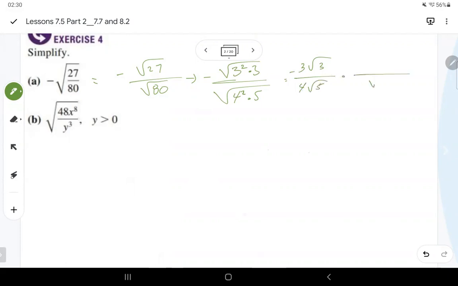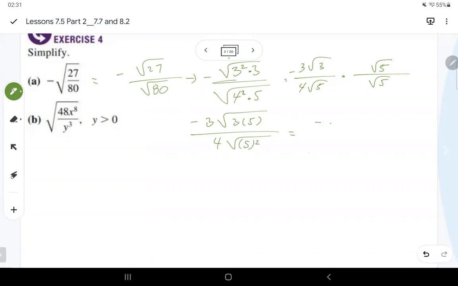We're going to multiply top and bottom by just the square root of 5, because again, that gives us that boot shape. And then we're just going to end up multiplying the bottom by the 4. So that gives us negative 3 square root of 3 times 5, and then 4 times 5 squared.